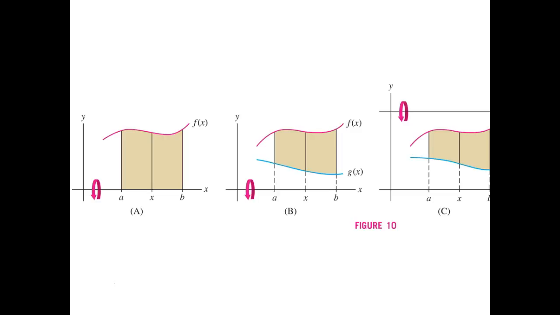The second one here is a difference in two functions, both of them positive, about the x-axis. So again, you take a dx here from a to b. It's the outer one squared minus the inner one squared. That will be the volume that's left, and you integrate that from a to b, and you've got it all.